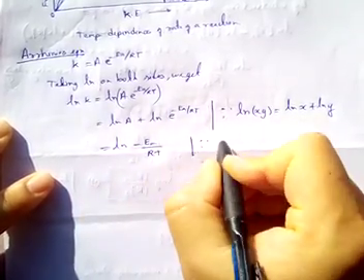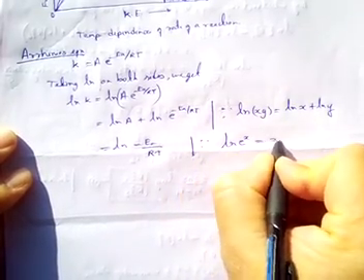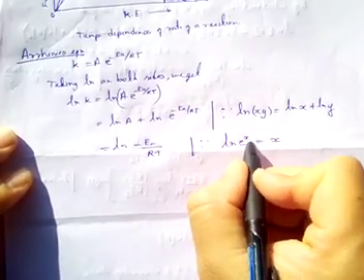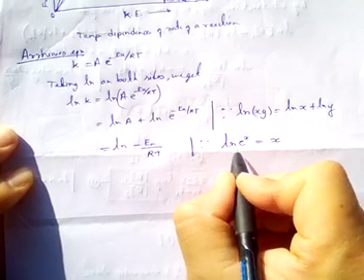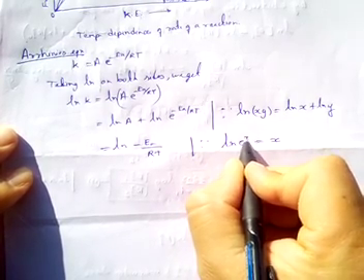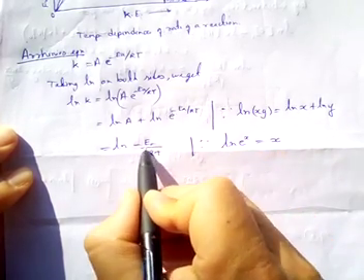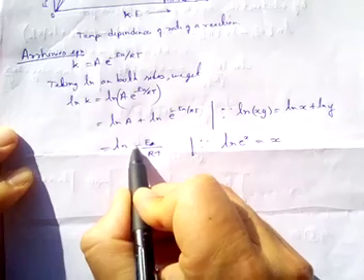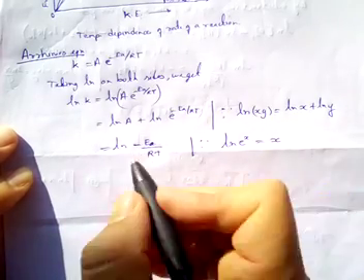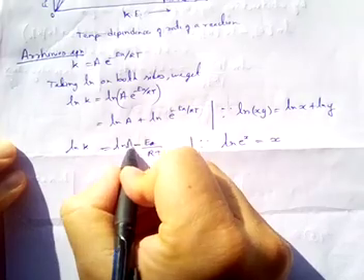Since there is another property, ln e to the power x can be written as x. This is the natural log, with base e, so everything in the power comes down: minus Ea by RT. Oh sorry, I messed up this ln A.